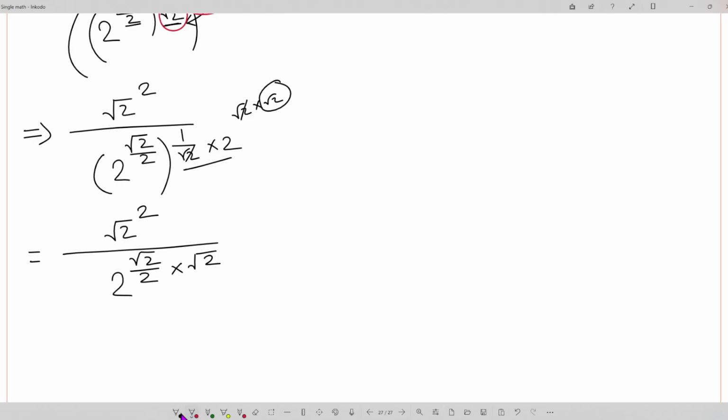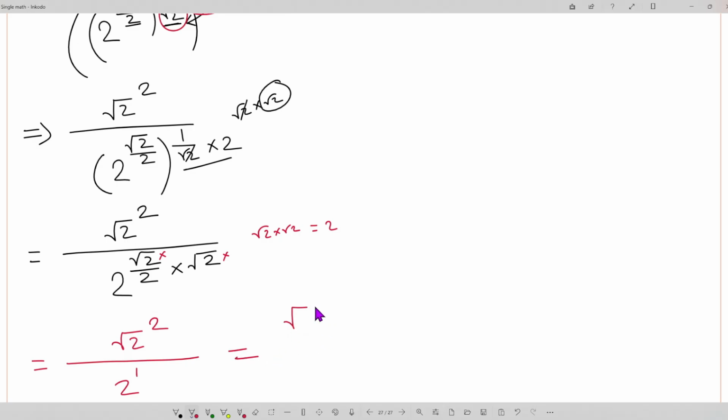Okay. Now look, root 2 to the power 2, and here 2, this root 2 times this root 2 will be 2, right? Root 2 times root 2 will be 2, and this 2 divided by 2 will be 1. So what will happen in here?